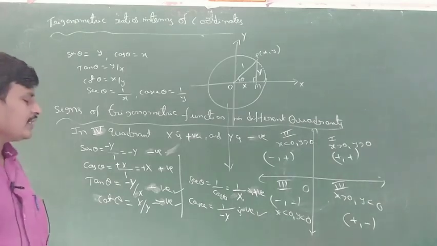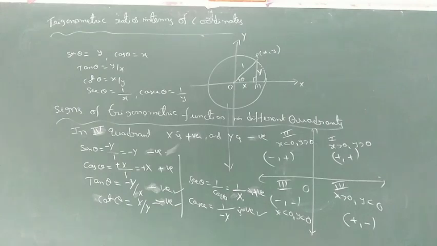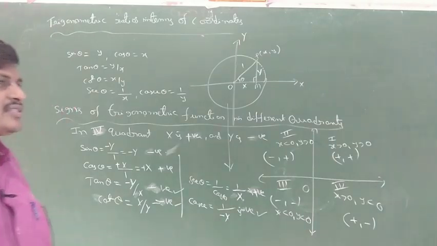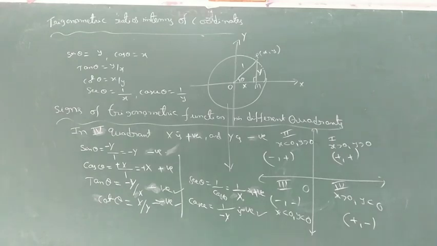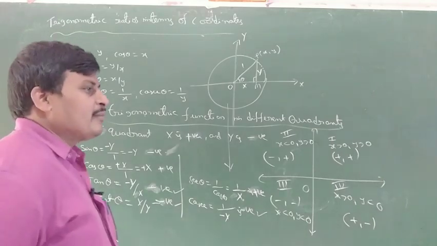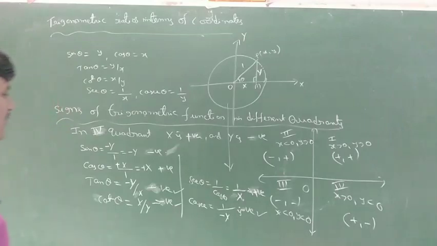So, finally, in the fourth quadrant, which functions are positive? Cos theta, secant theta are positive in the fourth quadrant. The remaining four functions, what are the remaining four functions? Sin, tan, cot, cosecant.